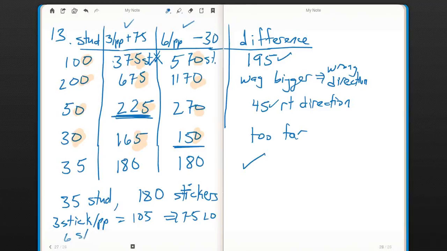If I give away 6 stickers per person, 6 times 35 is 180 plus 30 is 210, and that means I am 30 stickers short. I lack 30 stickers from having enough. If I have 180 and I need 210, I'm 30 stickers short.